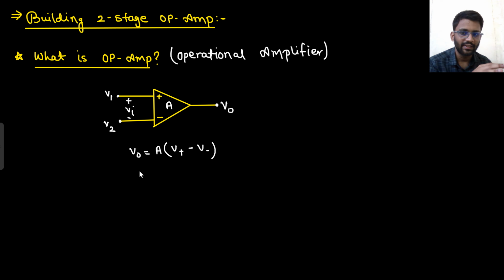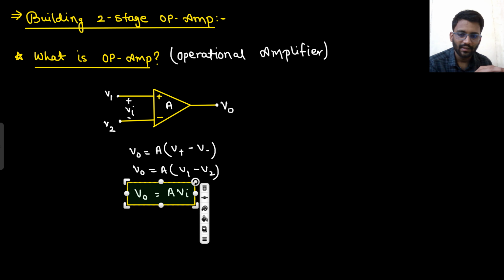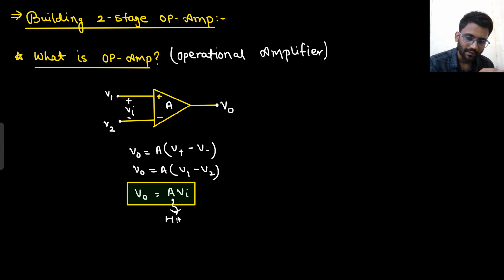Or you can write it in a better manner: A into (V1 minus V2), and if V1 minus V2 is V in, you can write it like this. So it provides a high gain. This gain A is usually very high. So an operational amplifier provides a high gain.